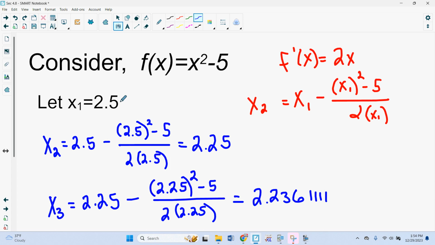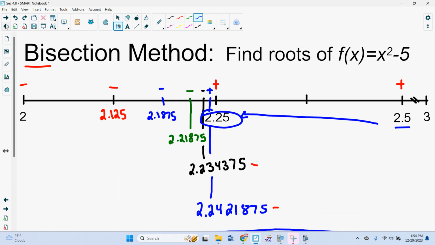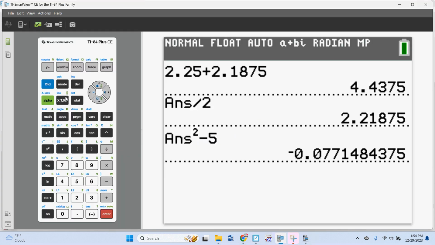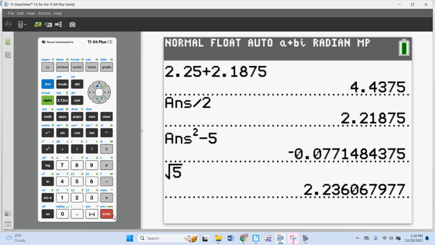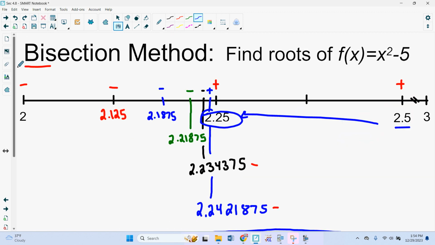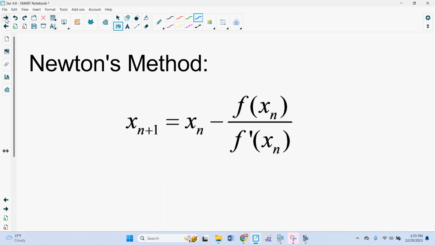Now, already 2.236, if we go back to our bisection method, you can see already we're at 2.236. And if we look at the square root of 5, after 2 times we're already closer than we were after a whole bunch of work with the bisection method.